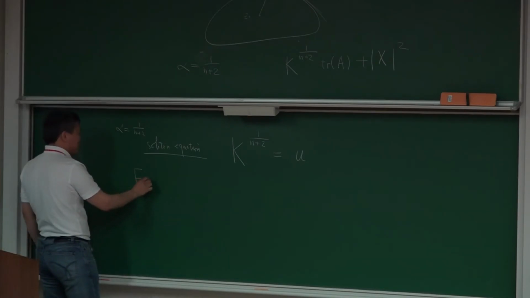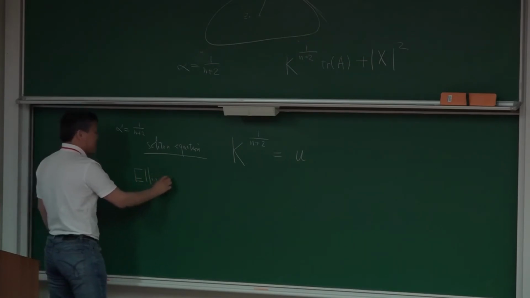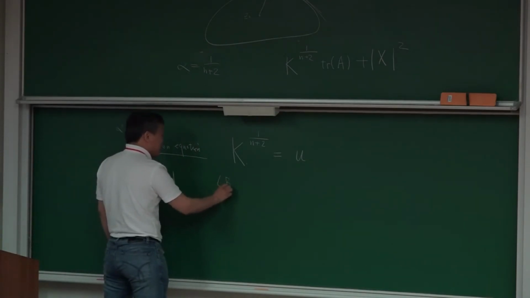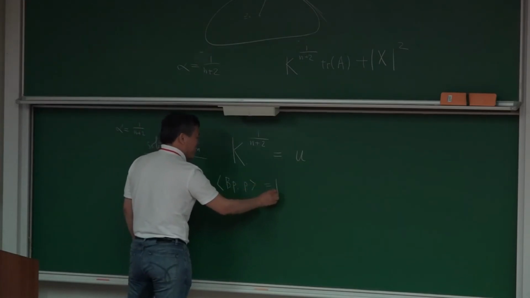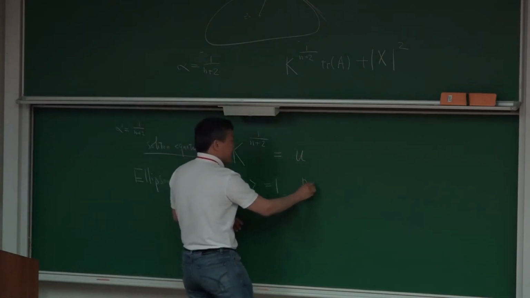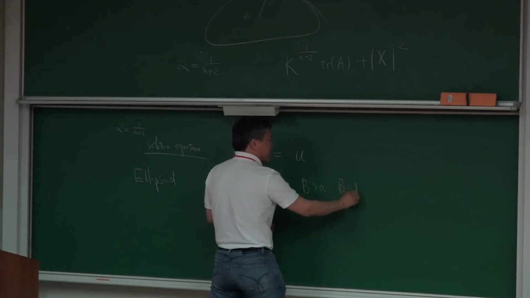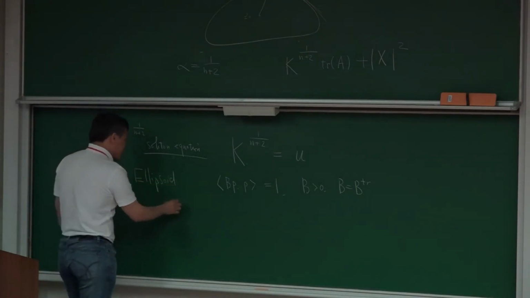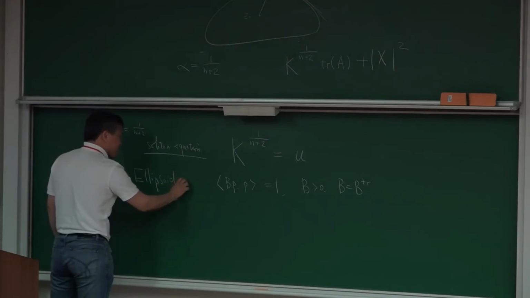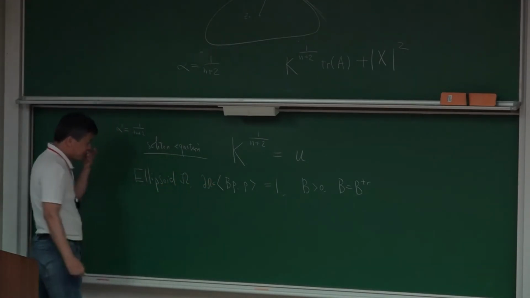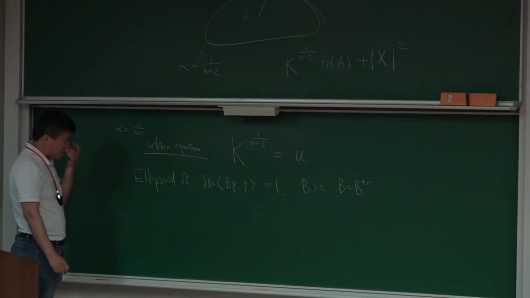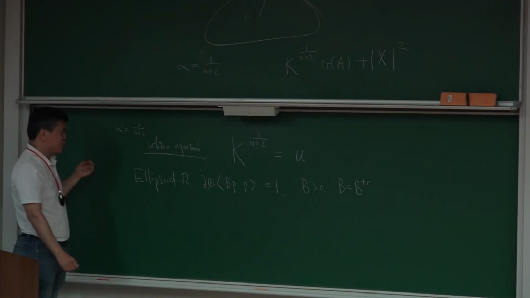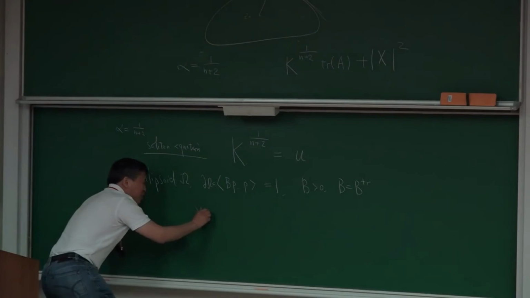So if you take an ellipsoid, the boundary is, let's say, BP·P equals 1, where B is a positive symmetric matrix. This is the boundary, so this is the ellipsoid. This is omega, and this is the boundary of omega. How do you compute its Gauss curvature? First of all you compute its normal. The normal is pretty easy.